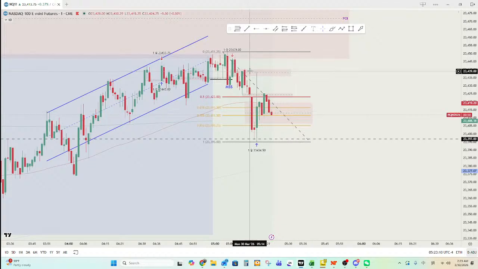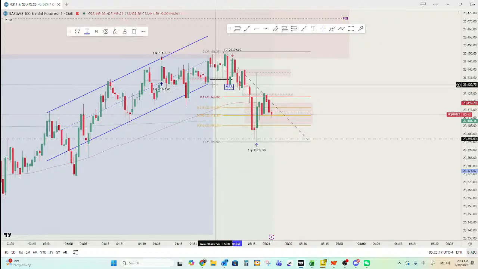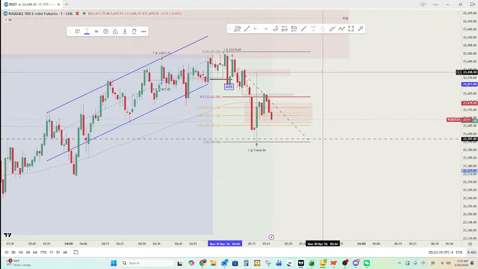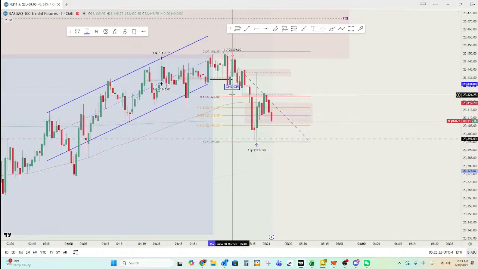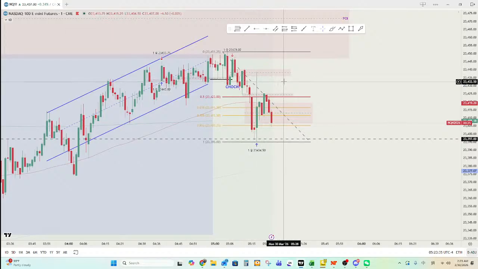They don't want to break even, but for me, I prefer that if I see the change of structure, then I will move it to break even. So this way I cannot say anything, but yeah, it happens. I just went down there.